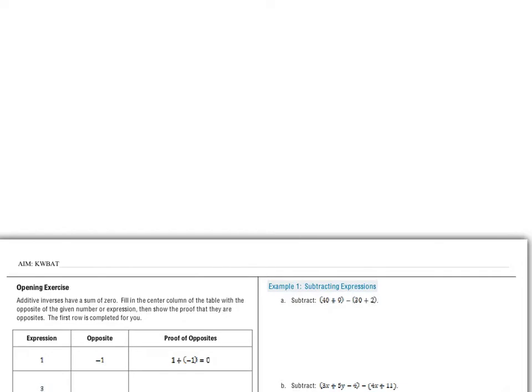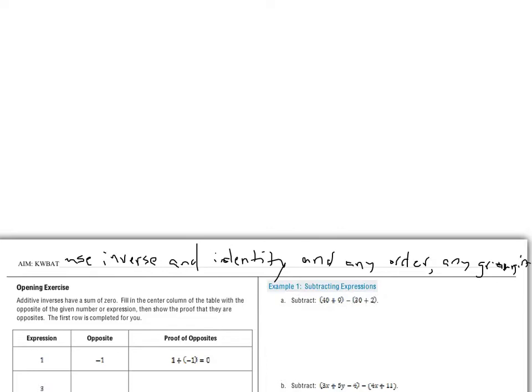Today's aim: Kipsters will be able to use inverse and identity, any order, any grouping, to simplify expressions.